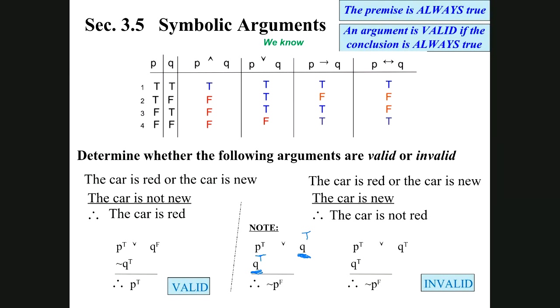This premise is true. This premise is true. I'm sorry, Blackboard just doesn't like me writing on here, or it doesn't make it easy. But we made these premises true, and we made the conclusion false. Therefore, we know it's an invalid argument.